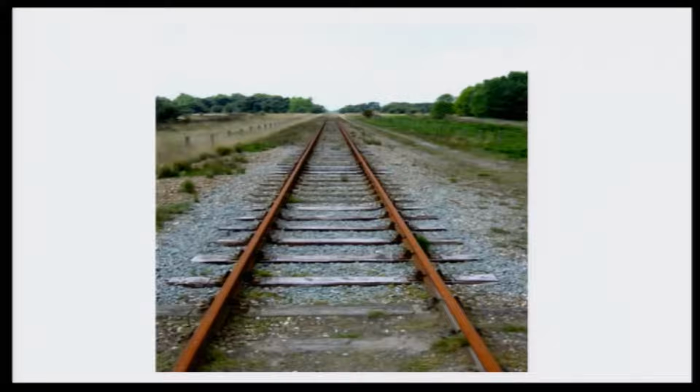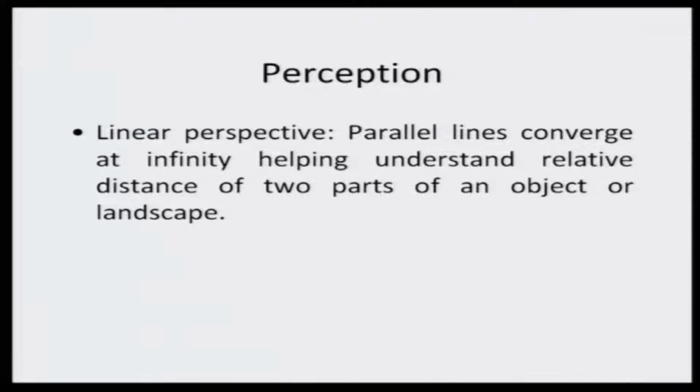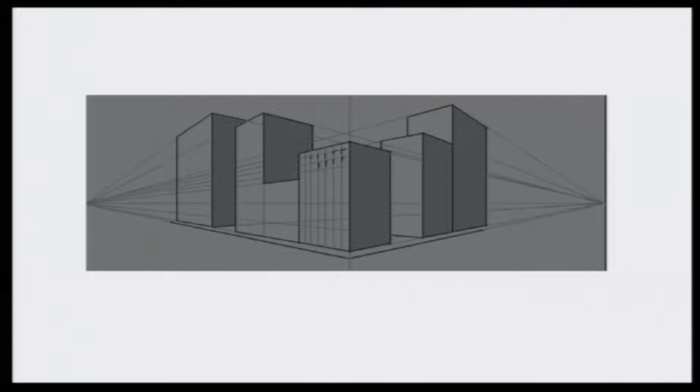Based on the monocular cues, what we have been saying is that when you look at the object where you are, and whether the parallel lines converge or not, that decides what you are looking at and how you perceive the world around you.